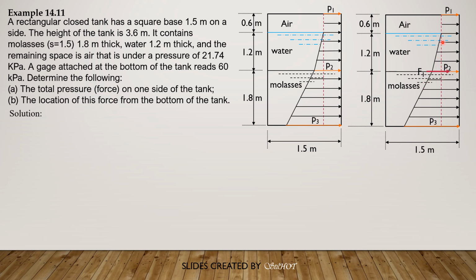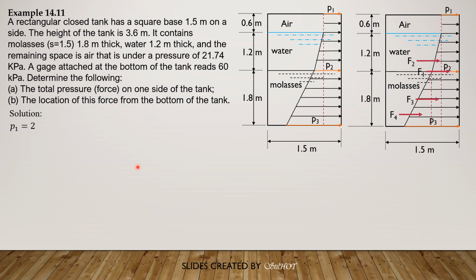So F1, then this triangle here as F2, this small rectangle here as F3, and the remaining triangular wedge as F sub 4. Take note that these forces are equal to the volume of the pressure diagram.